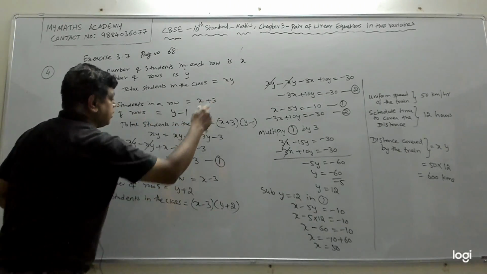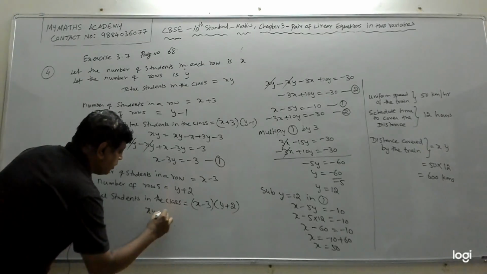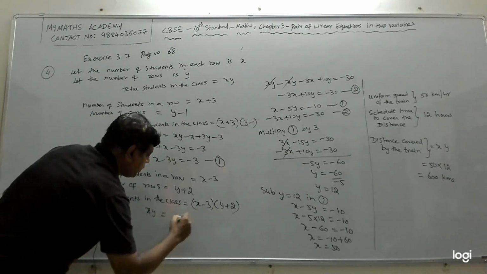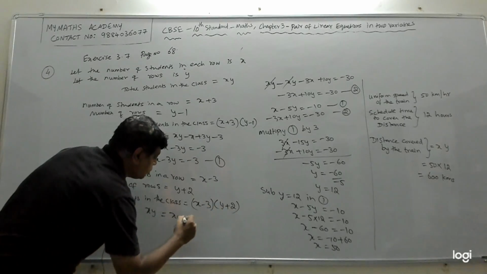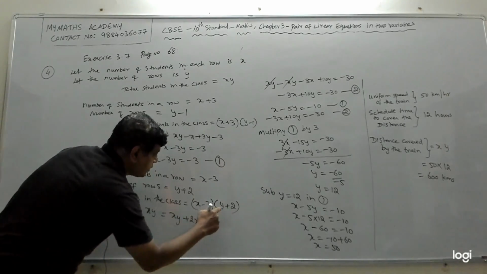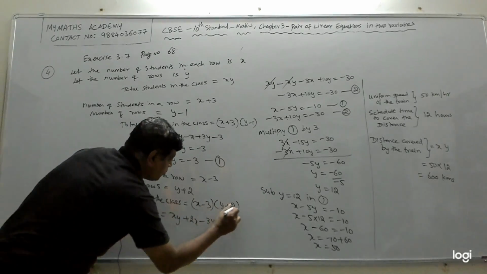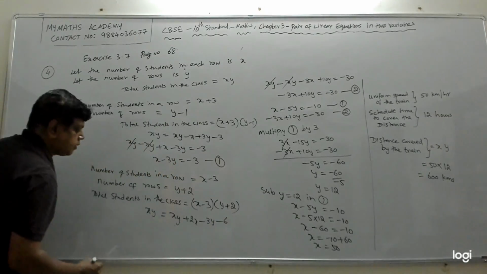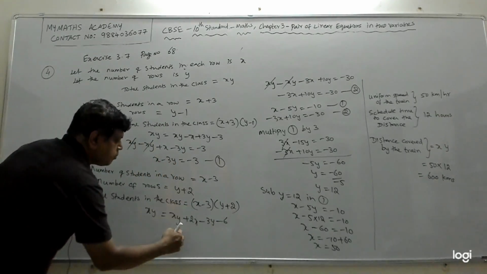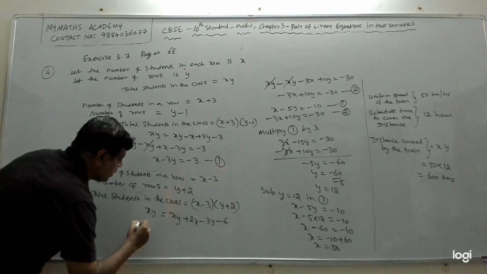That is xy. So xy equals, here multiply, x into y is xy, x into 2 is 2x, minus 3 into y is minus 3y, minus 3 into plus 2 is minus 6. So let's bring all these variables to this side and only the numbers here.